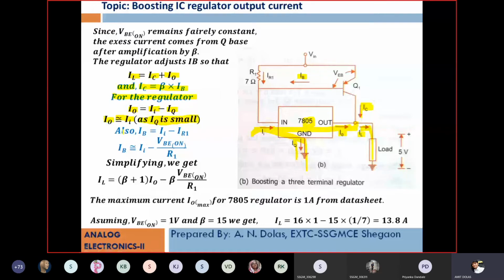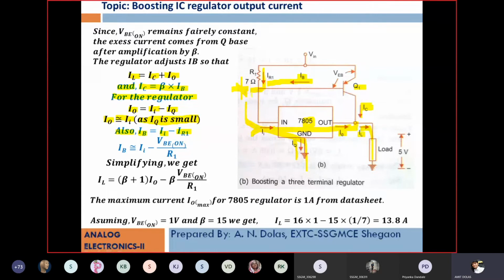Also, the base current IB of this transistor Q1 is II minus IR1. You can see base current is coming in this direction toward this node, IR1 is coming towards the node, and II is the outgoing current from this node.